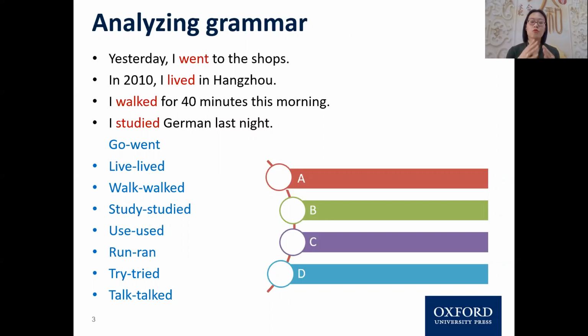So after they group the verbs, our final task for this learning part is, please figure out a rule of how we can make a sentence in past simple tense. So for this, they have to summarize and they have to make a conclusion.